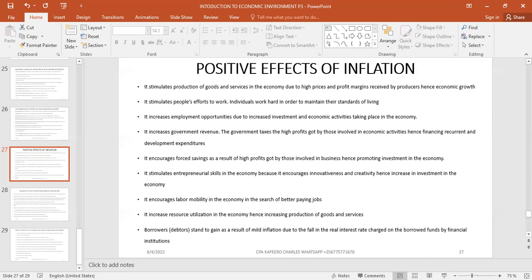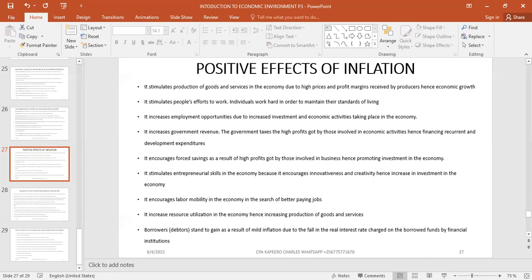These recurrent, those are the day-to-day operations within the state, and the development one, those are the long-term plans or long-term expenditure that are incurred, let's say on construction of roads. But these other ones, these recurrent expenditures, they may include paying government workers salaries and others.